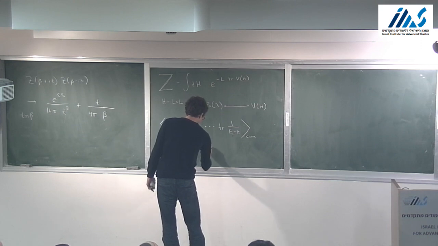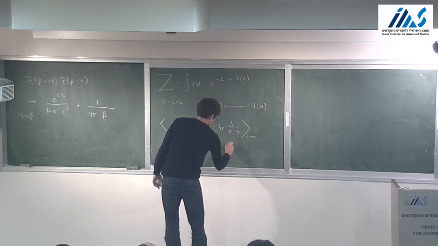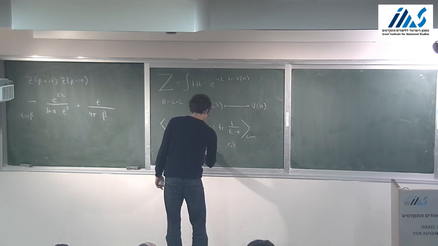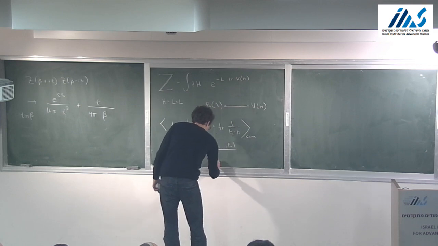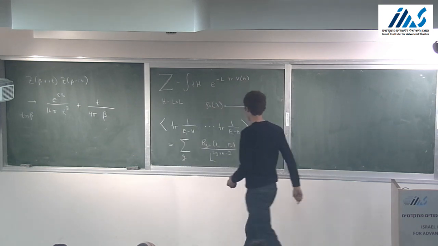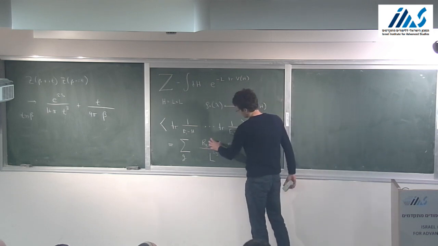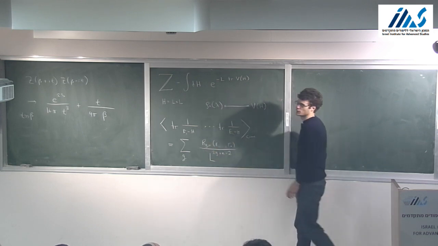We define some functions R of g comma n, functions of the n energy arguments, divided by L to the power 2g plus n minus 2. Okay, and these coefficient functions here give the coefficients in the 1 over L expansion of these resolvent correlators.